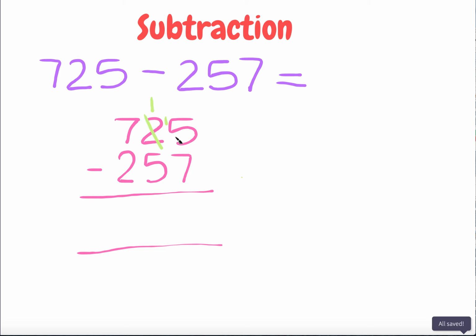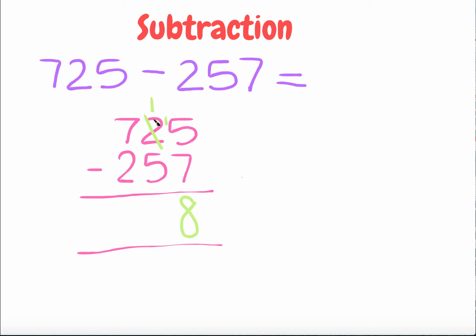So now this number is not 5 anymore. It's 15. So what is 15 minus 7? That equals 8. Pretty easy, right? You can pause the video anytime you want so you can clarify things step by step.